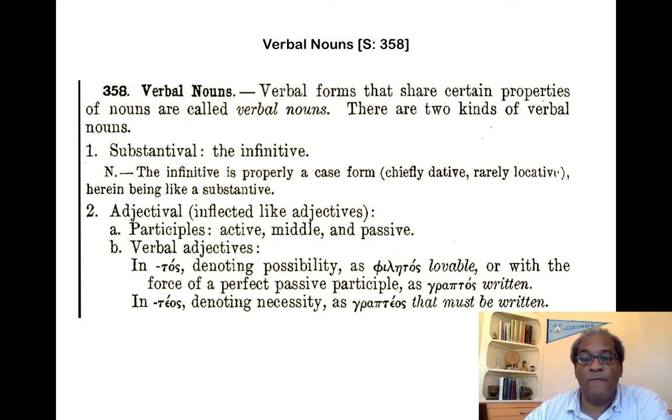And in the video that follows this, we'll be looking more closely at the impersonal and personal construction, the syntax of these verbal adjectives denoting necessity.